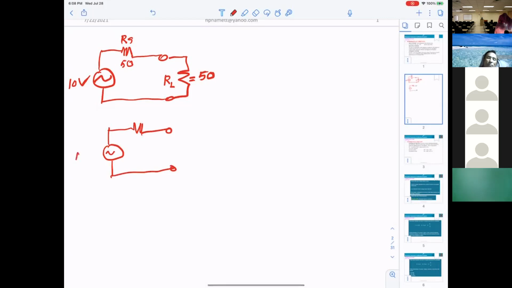Okay, same thing, 10 volt, at 50. RL 75. Okay, and then you can get another one here.